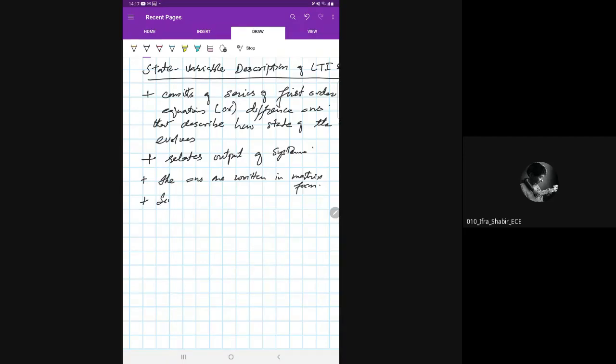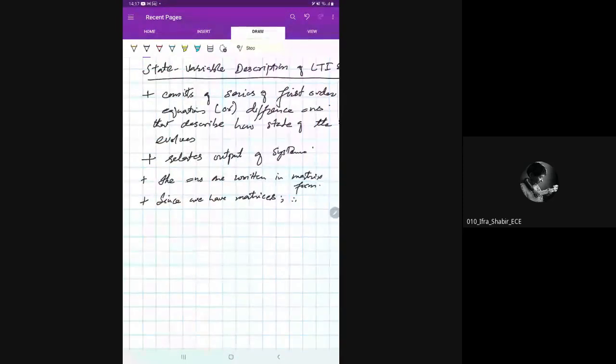So since we have matrices, हमारे पास matrices अब होती है, equations in the form of matrix. Therefore, we know that matrix algebra is a very powerful algebra.